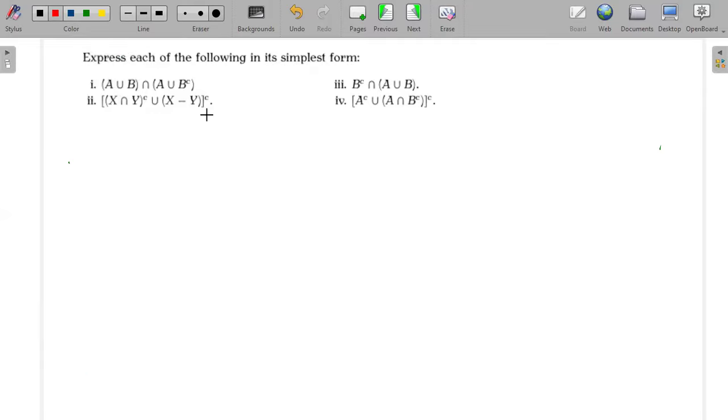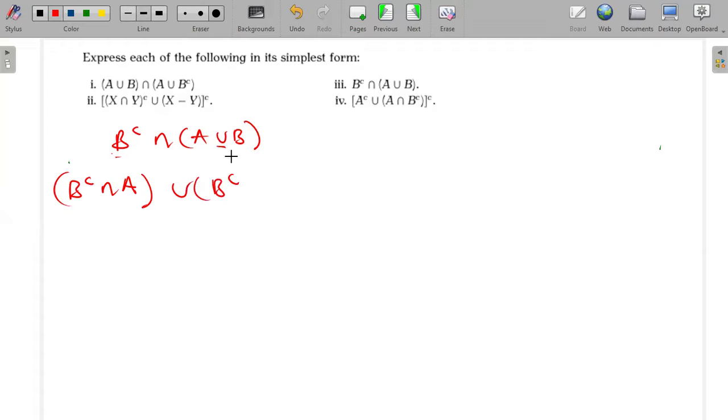All right. So then the next one, you have B complement intersect A union B. So how are we going to do this? You can distribute here. We say B complement intersect A, and then you have union here, and then you have B complement intersect B. Now here we know B complement intersect B is going to give you the empty set.